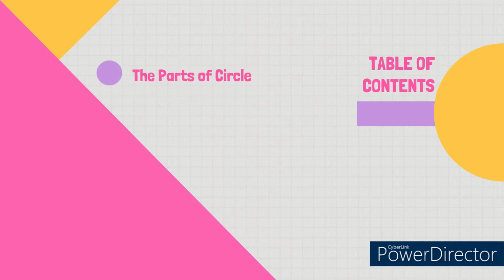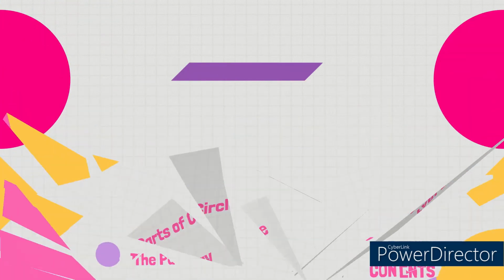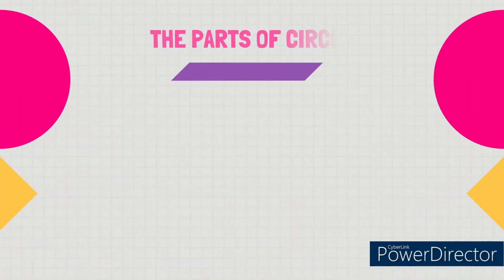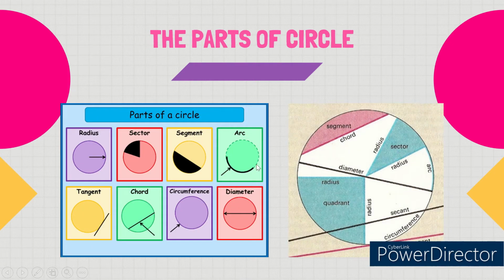For the first one, we have the parts of circle, geometry, and we're gonna apply geometry in astronomy, optics, and engineering. Here in this slide, we have the parts of the circle, and here are some pictures. First, we have the radius, or radii in plural.